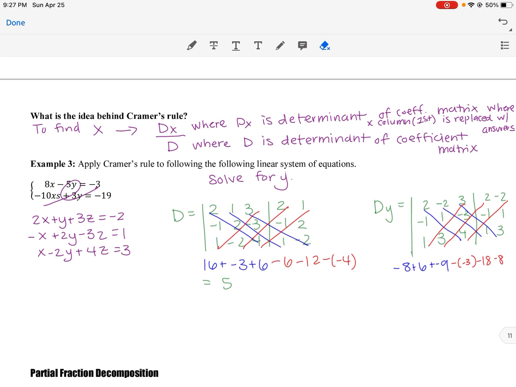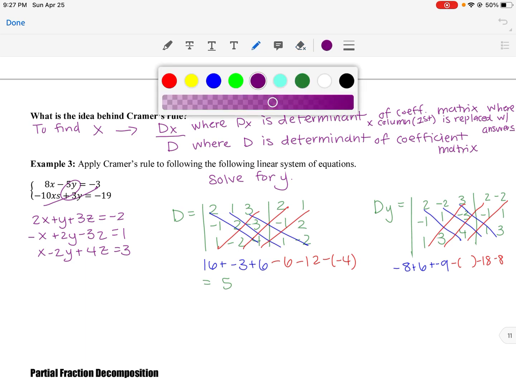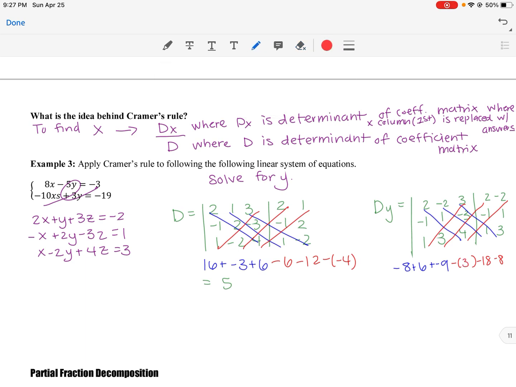Okay, so let's go check these signs. So we have positive 8, and then we have a positive 6, and negative 9. As we multiply up, we have a positive 3, a negative 18, and a positive 8. Okay, I gotta change that to be a negative 18.